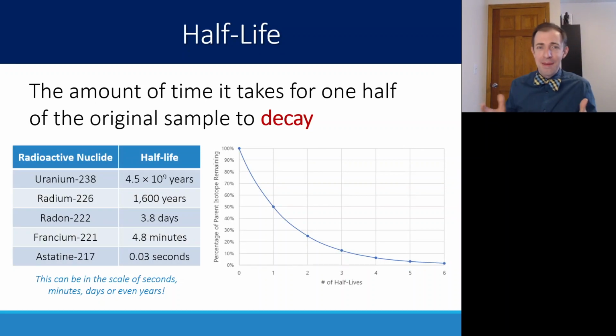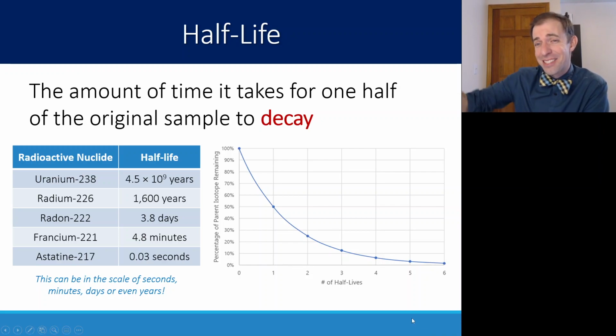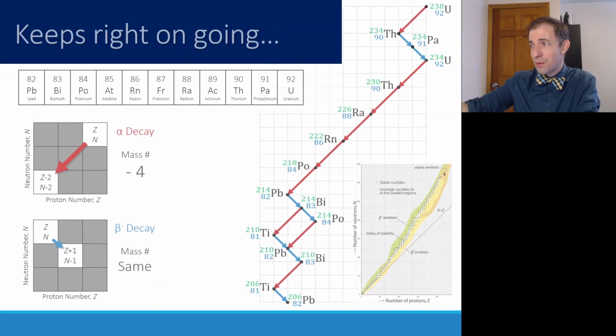Half-life is the amount of time it takes for one half of the original sample to decay. That doesn't mean that the sample is gone. It doesn't evaporate off into something else. It just is converted from uranium or some other type of radioactive isotope or nuclide into its next step in this process, just like we saw here.